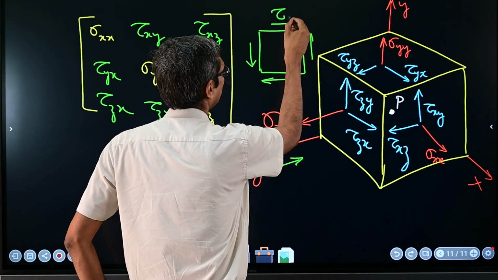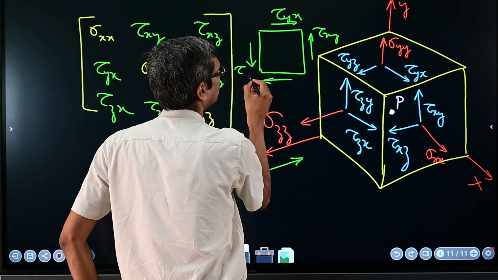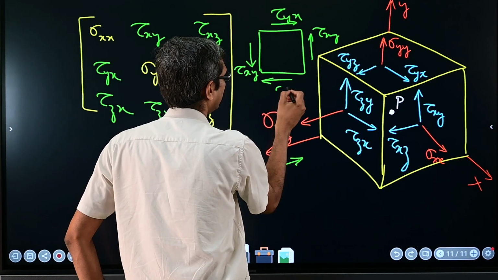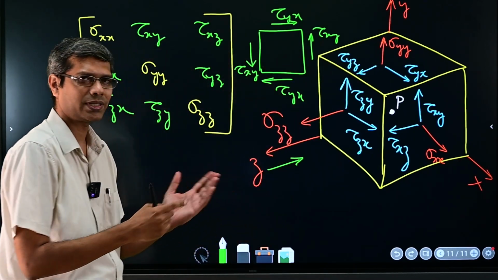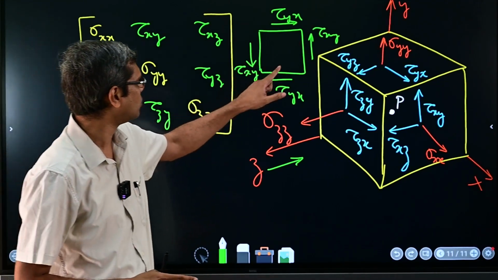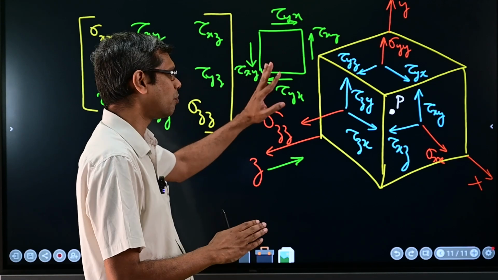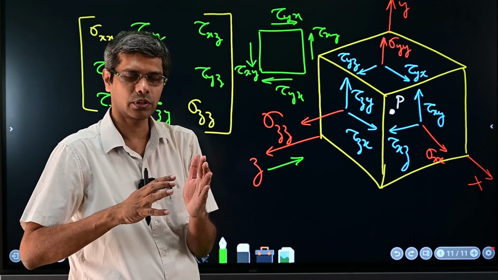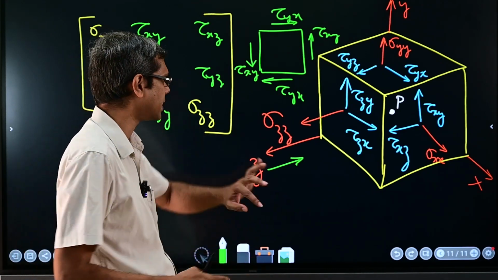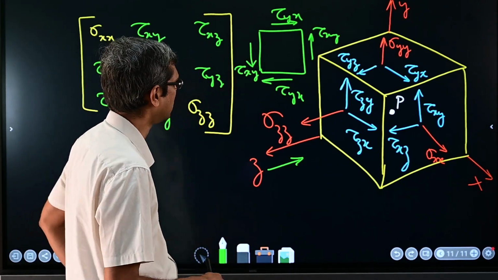So this is tau yx, tau xy, tau xy, and tau yx. They must be the same and in opposite directions. They are not at two different planes, they are actually at the same point because you will shrink it, but to draw this plane you have to draw the free body of the right hand side by removing the left. So you will see a stress in the exact opposite direction here.